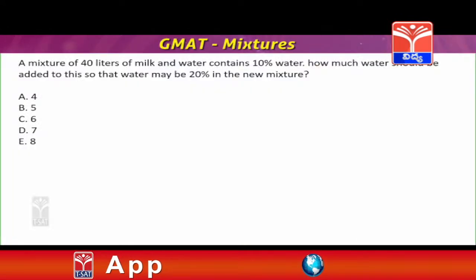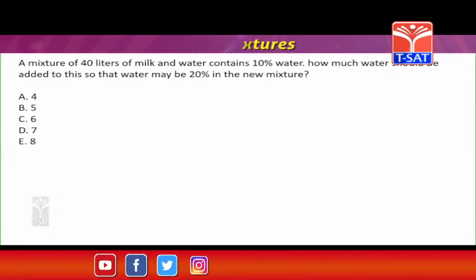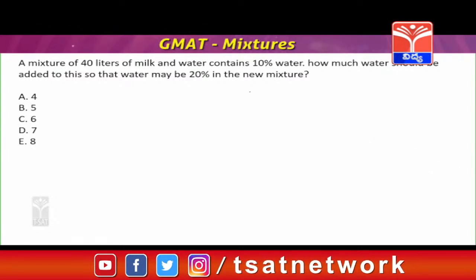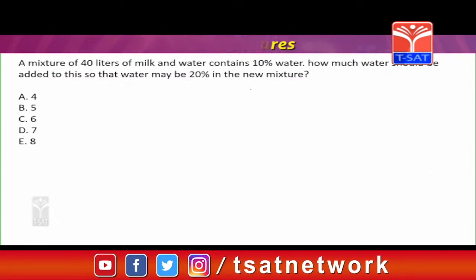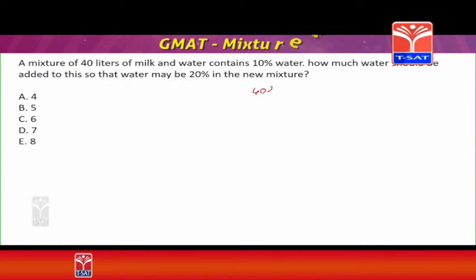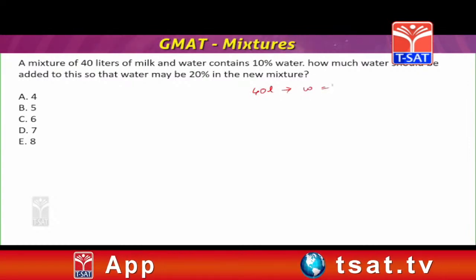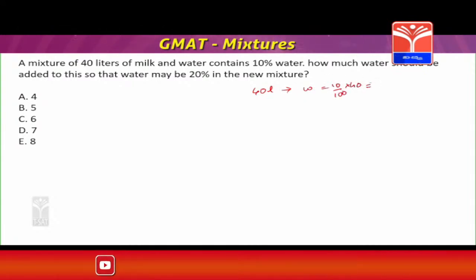A mixture of 40 liters of milk and water contains 10% water. How much water should be added to this so that the water may be 20% in the new mixture? Okay. So, there are 40 liters in which water is 10%. So, the amount of water will be 10% of 40, which is equals to 4.